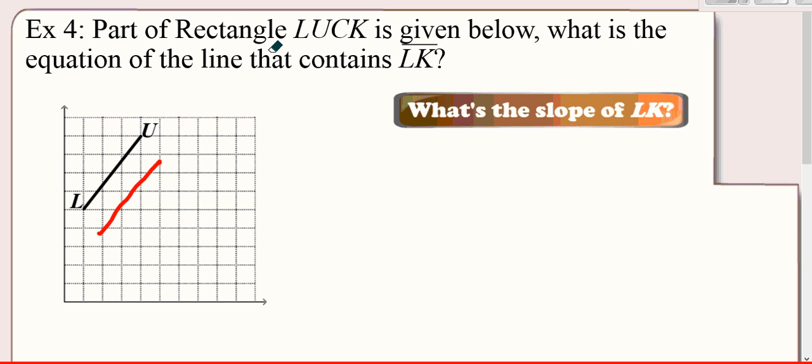So if it's going to form a 90-degree angle, what do we know about these two lines? If that's a 90-degree angle, they're going to be perpendicular. Perpendicular makes 90-degree angles. So LU needs to be perpendicular to LK.